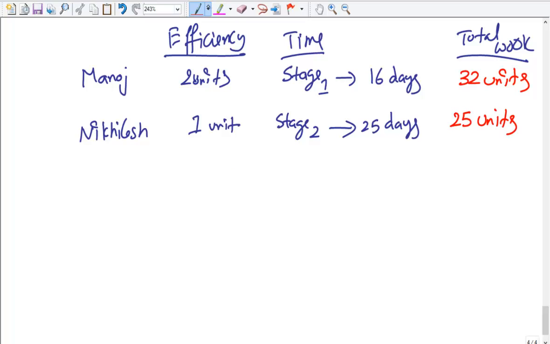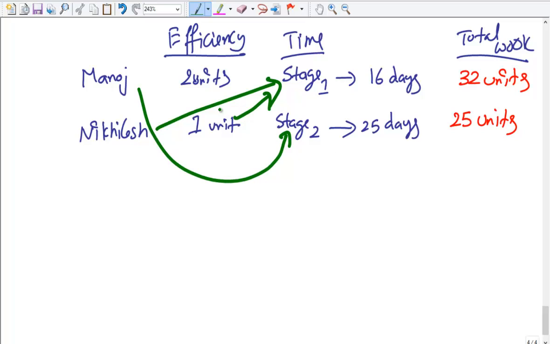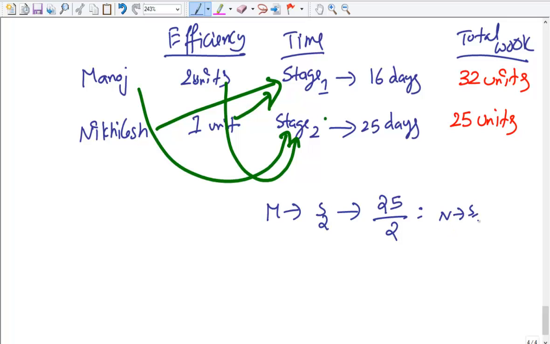Now, what happens if Niklesh is working on stage 1 with the same capacity and Manoj is working on stage 2 with his capacity? Now, obviously, Manoj's stage 2 total work divided by efficiency is to Niklesh's stage 1 total work, that is 32 by 1.